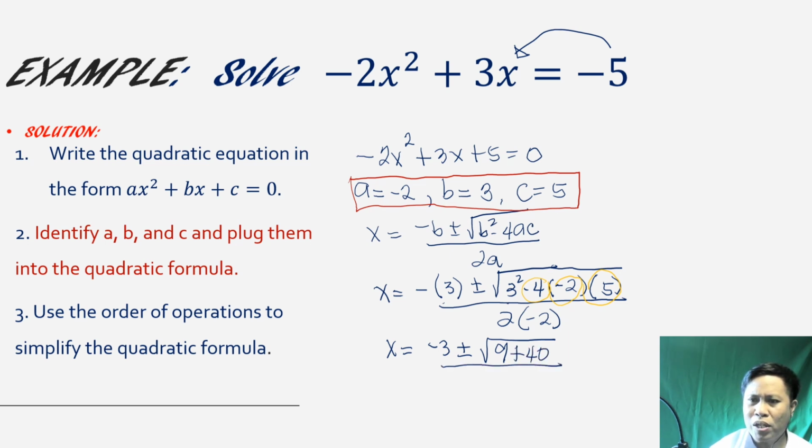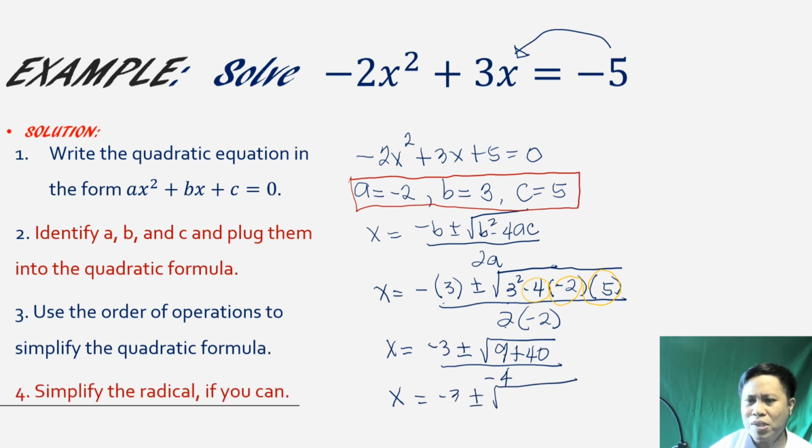All over 2 times negative 2, which is negative 4. Next, you have negative 3 plus or minus the square root of 9 plus 40 is 49, all over negative 4.